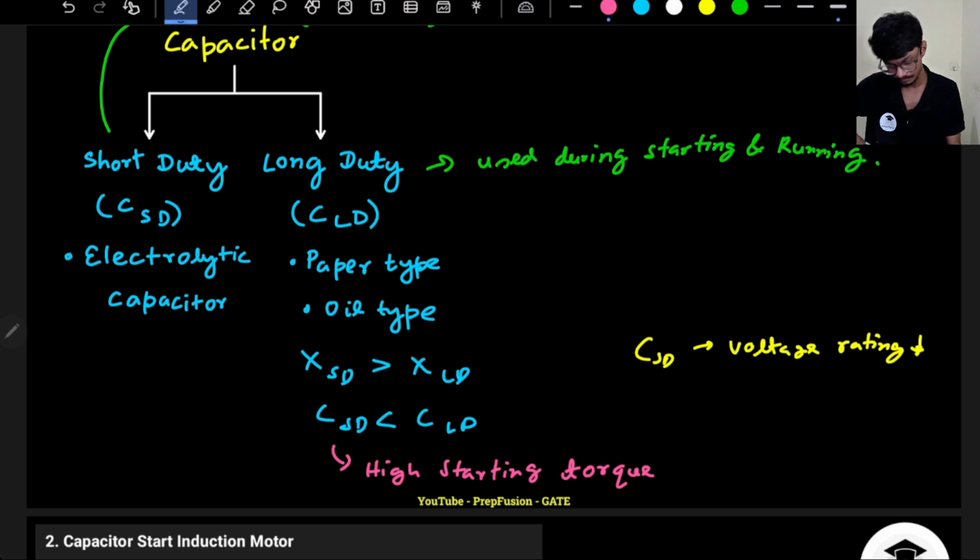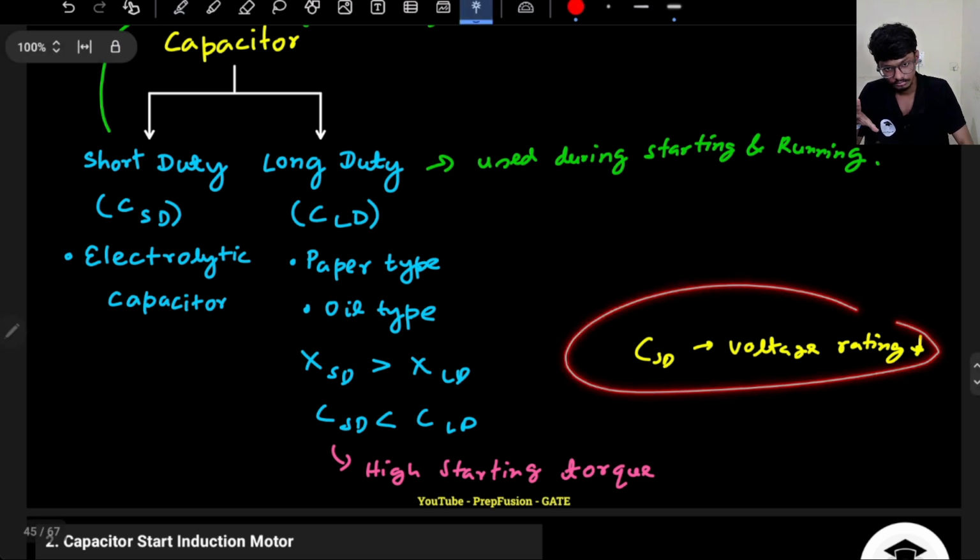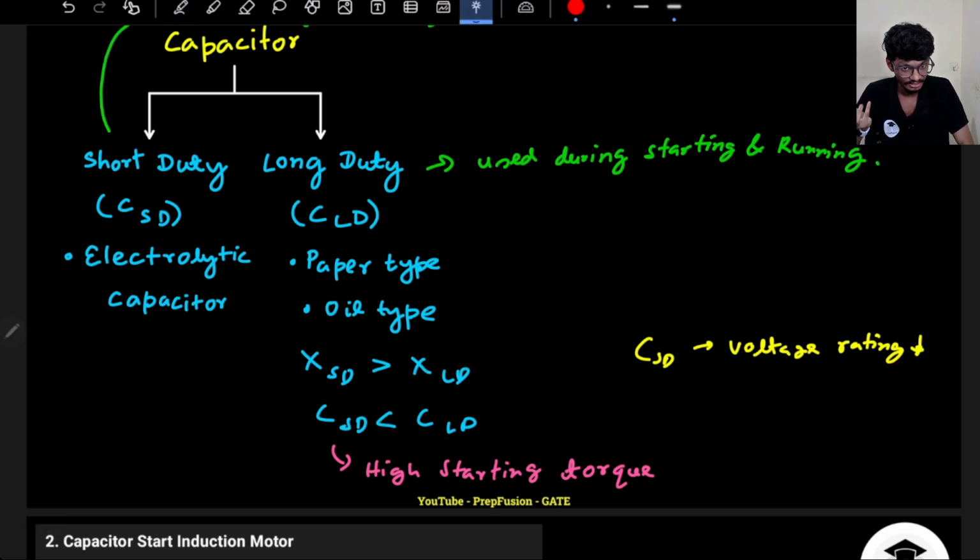That is the problem here. Because the voltage rating is lower, sometimes long duty capacitors are used when the rating of the motor is higher. For a higher rated motor, I cannot use short duty capacitors.